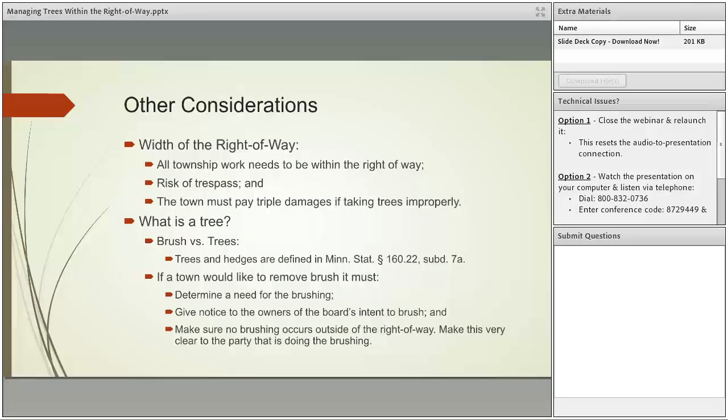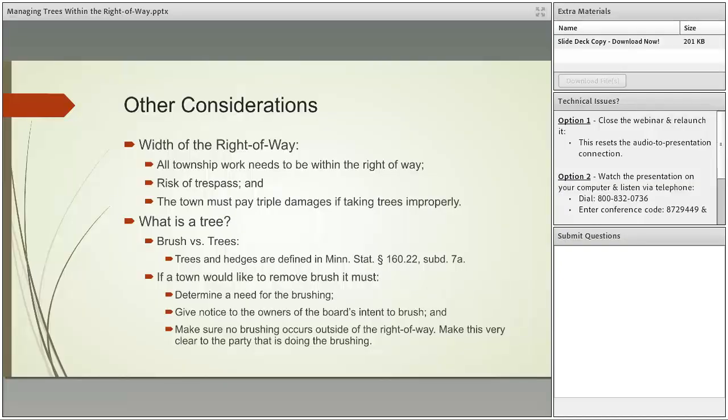What are some other considerations when dealing with trees? Well, first we need to know what the width of the right-of-way is. A recorded road or a road owned in fee will have 66 feet of right-of-way. That is 33 feet on either side of the center line of the road. For use and maintenance roads, that may differ. All townships need to work within the right-of-way.